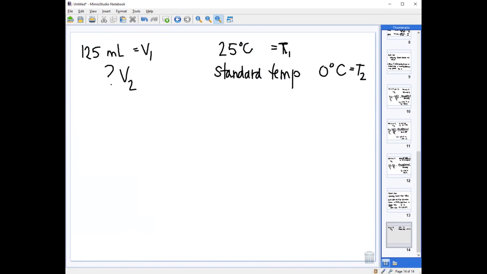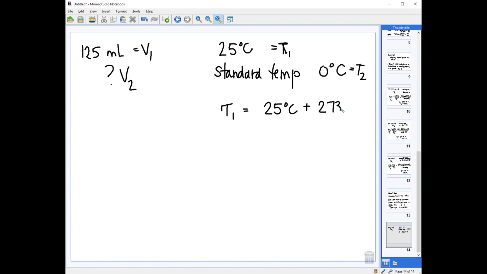Now, most of the time what we do is we just say 273. We don't add the 0.15 on there. We just use 273. So T1, I'm going to say 25 degrees Celsius.